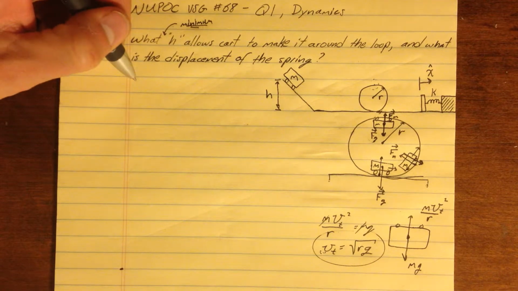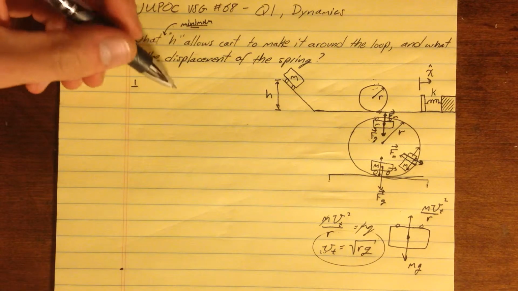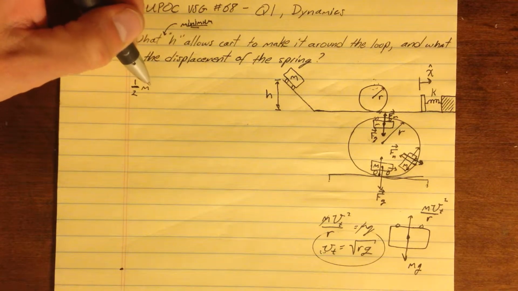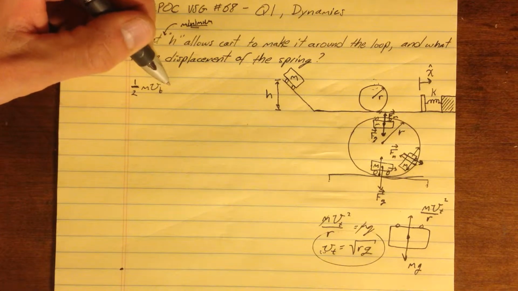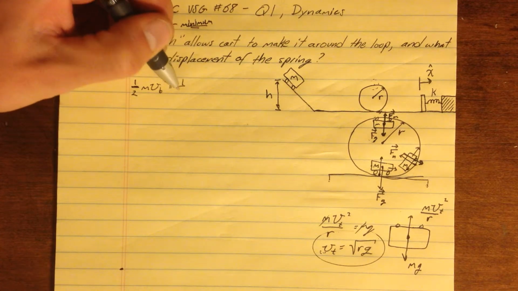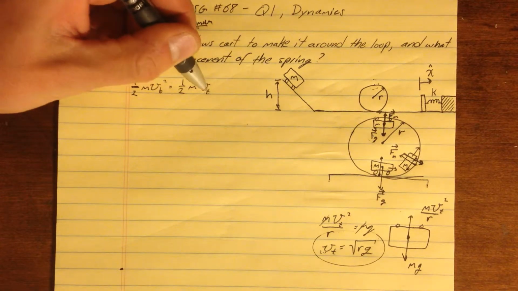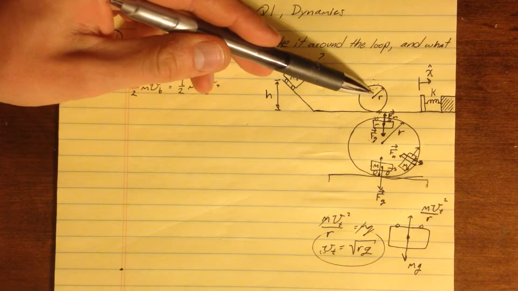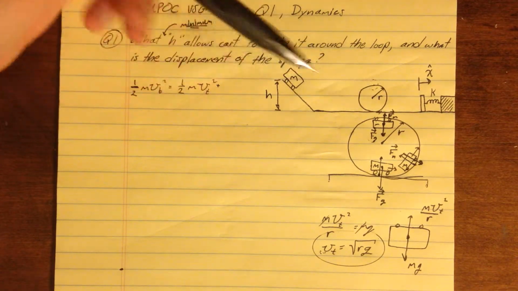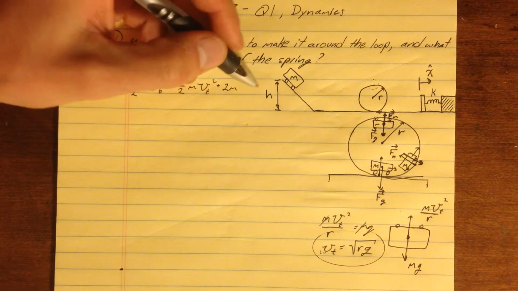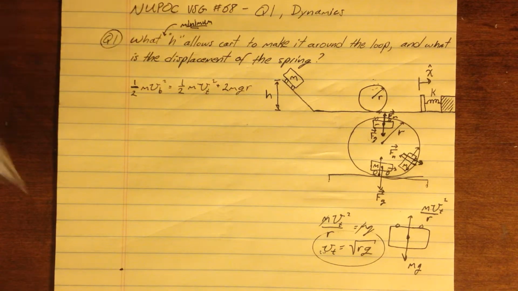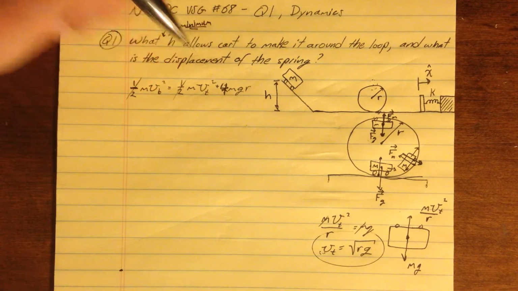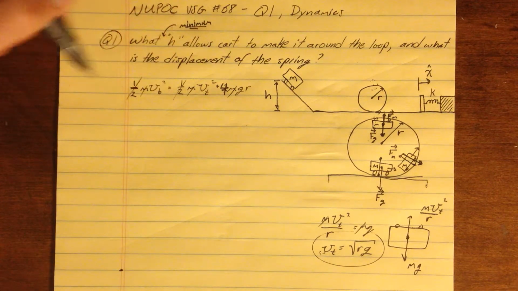So we can say that the kinetic energy at the bottom, which is 1/2 m v_B squared, is equal to the kinetic energy at the top, or 1/2 m v_T squared, plus mgh, but h here is of course 2r, so m g 2r. And we can multiply everything by 2 to get rid of the 1/2 and turn this into a 4, and we can cancel out all of our m's.